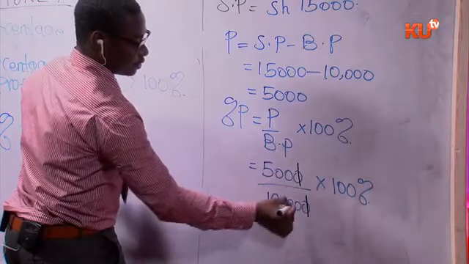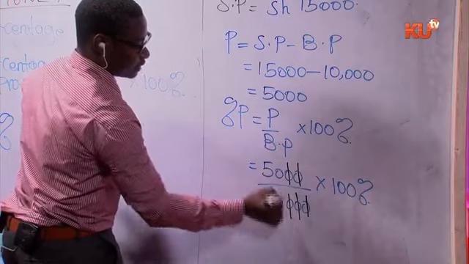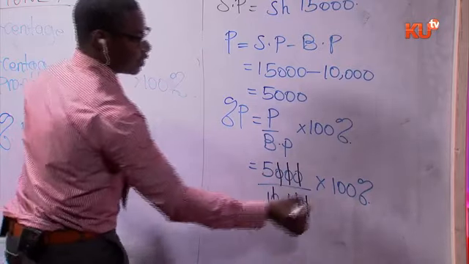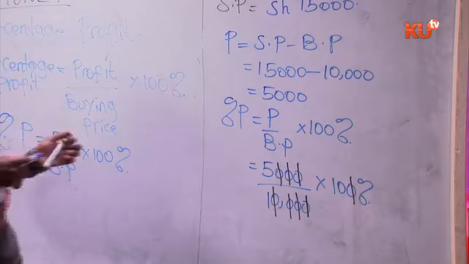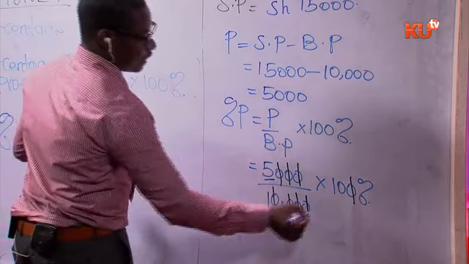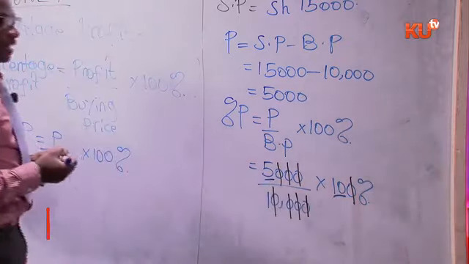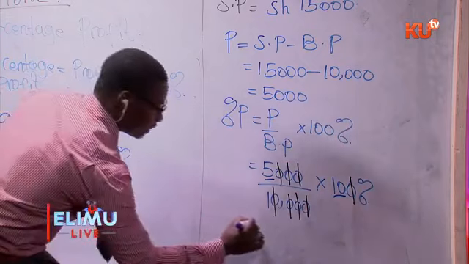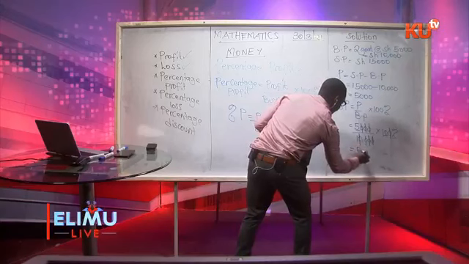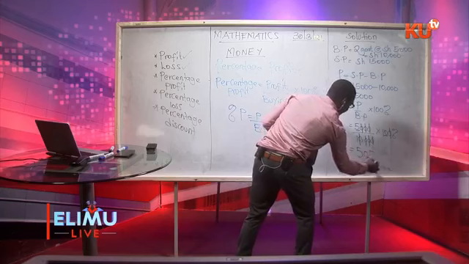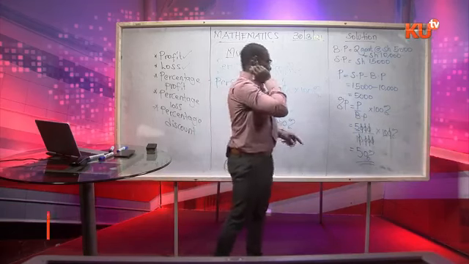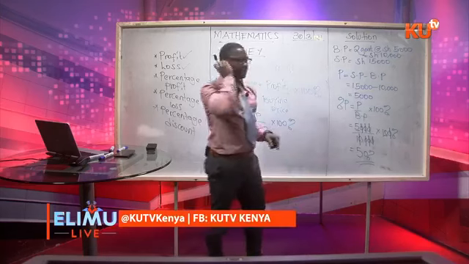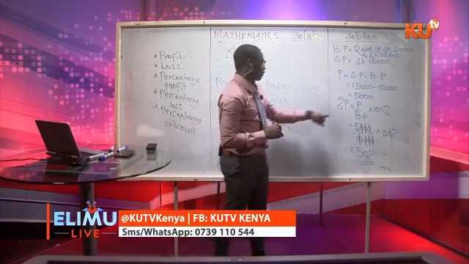So you have 5 multiplied by 10. 5 times 10, we get 50. And our answer, therefore, is 50%. Remember, because we are representing in form of percentage, the answer we give must be in form of percentage.